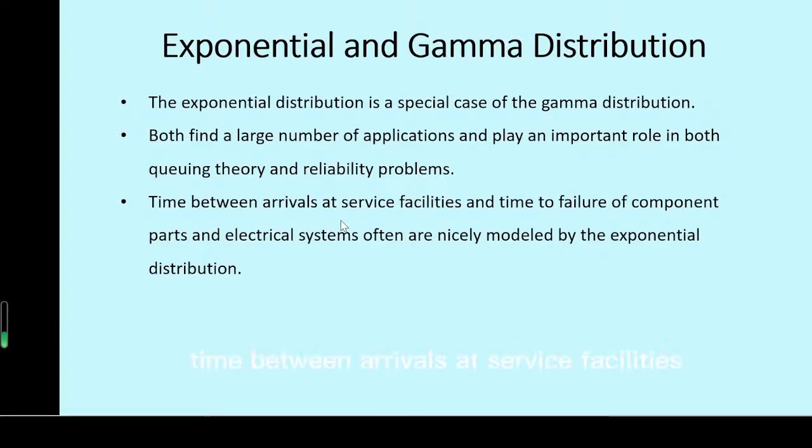Time between arrivals at service facilities and time to failure of component parts and electrical systems are often nicely modeled by the exponential distribution. So exponential distribution and gamma distribution model a positive random variable, which is often used as the time between events.